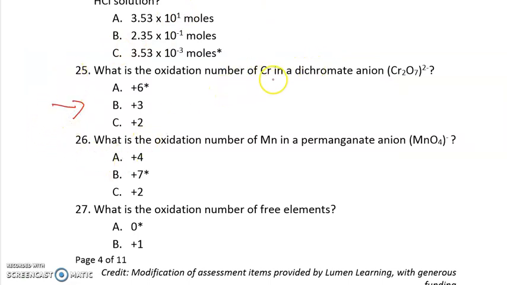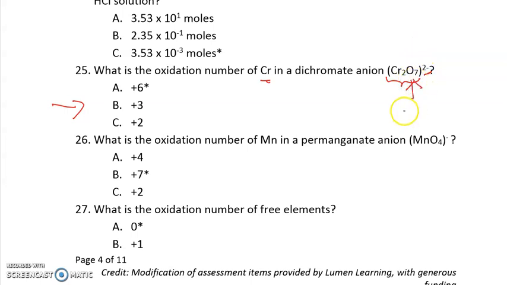Cr, chromium, what is the oxidation number? So this polyatomic anion will carry an overall charge of 2-. Now let's look at it.